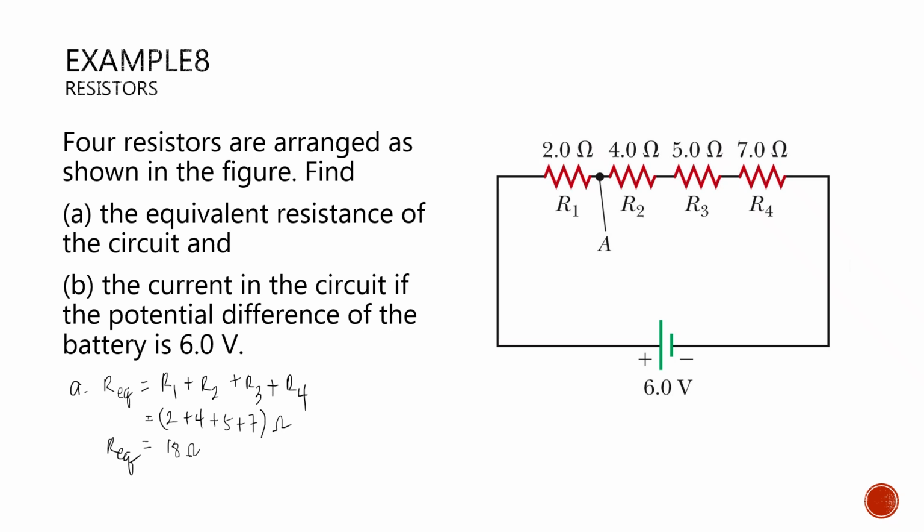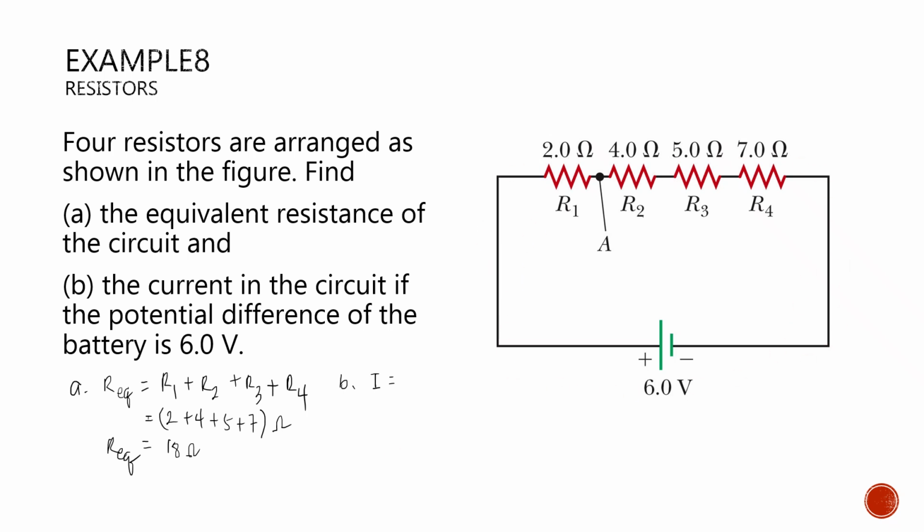For letter B, given the potential difference of the battery, 6 volts, we have to find the current in the circuit. Since this is a series connection, we expect the same value of I for any point along this circuit.